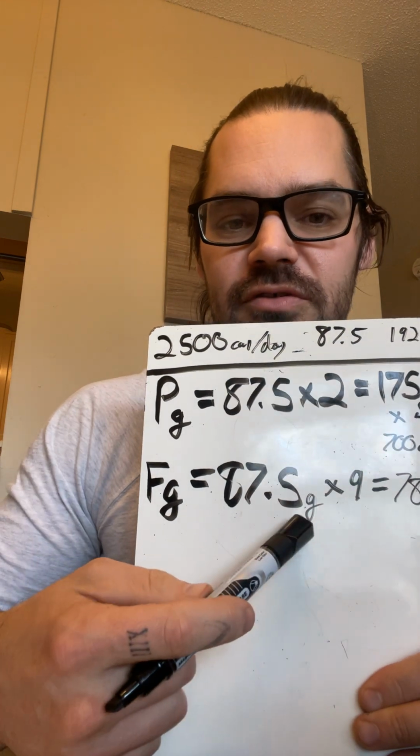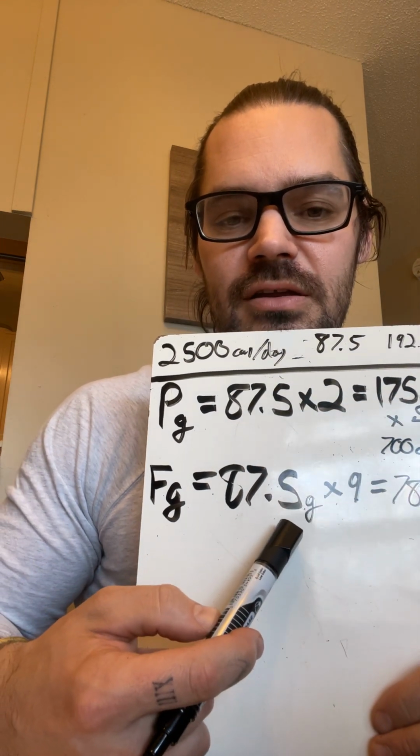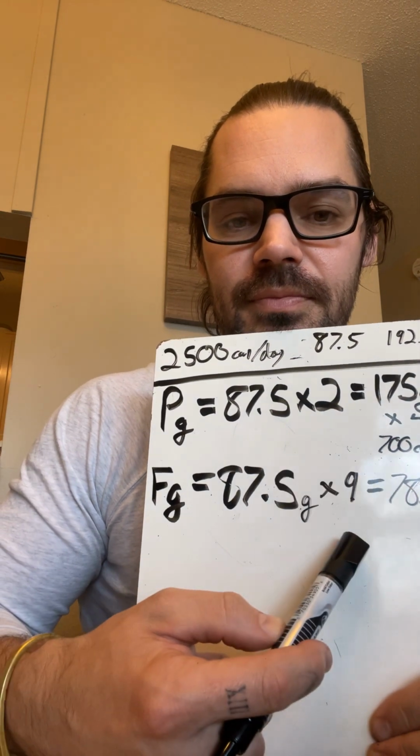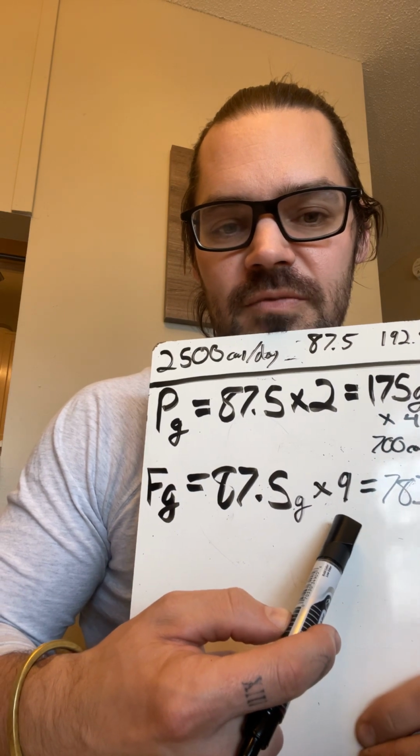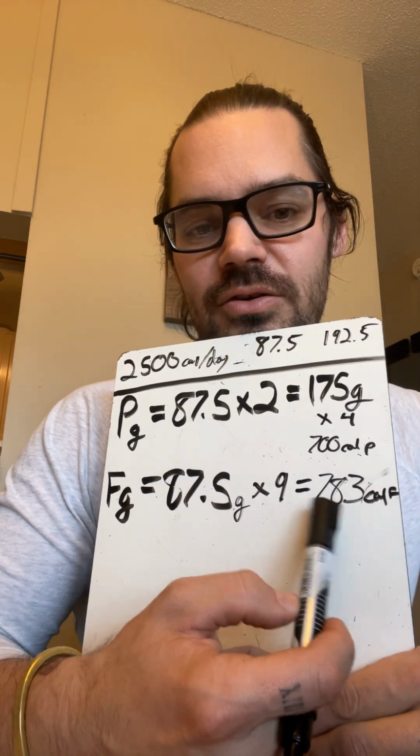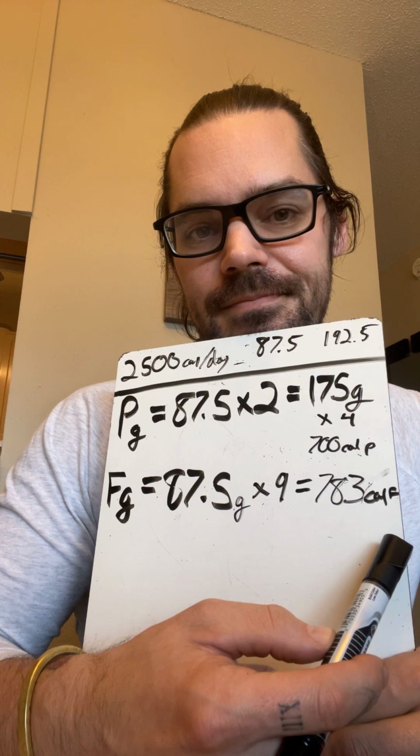Grams of fat equals body weight in kilograms. You take that number times 9, you get your calories from fat per day. Now we come back to our 2500. So to figure out your carbohydrates, that's the more flexible one.